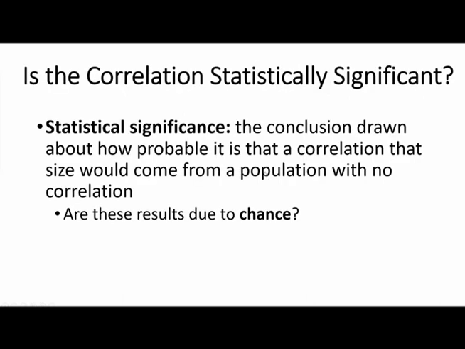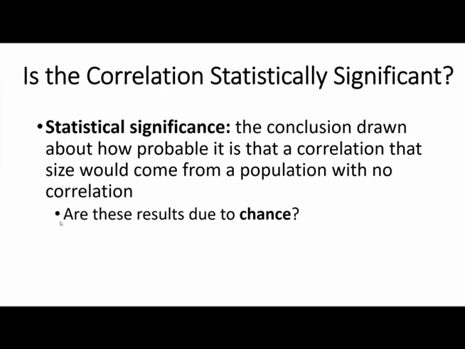So our next point to talk about is the idea of statistical significance. And this has been a long time coming to actually talk about this, because we've kind of mentioned it a little bit, but haven't really said anything about what it actually means. So when we're talking about statistical significance, we're talking about the conclusions drawn about how probable it is that a correlation of the size that we're observing would have come from a population with no correlation.